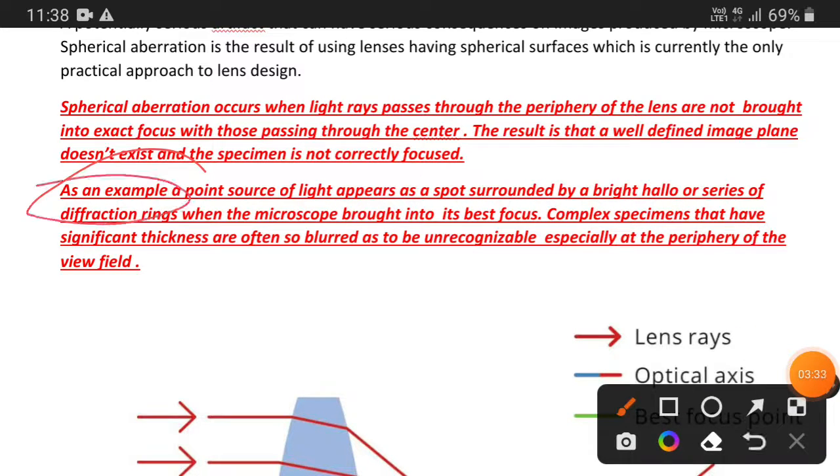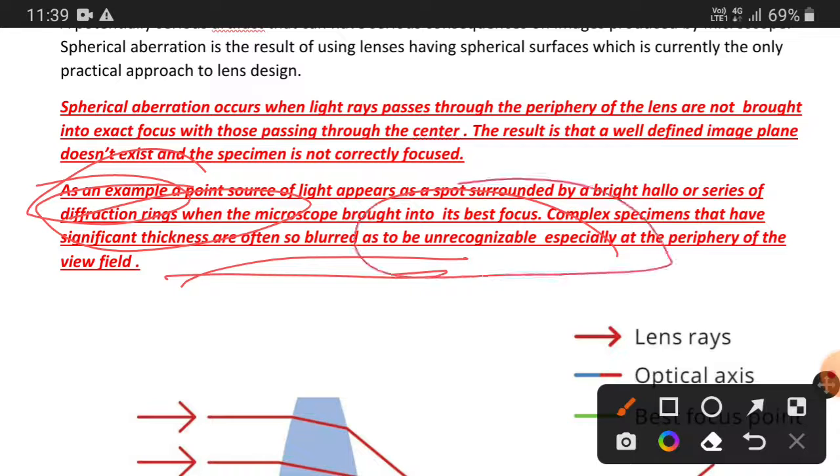So for example, here we have provided an example that due to this spherical aberration, a point source of light appears as a light spot with a bright halo surrounding it, or you can also get diffraction rings when the microscope is brought into its best focus. More specifically, when our specimen has a significant thickness, it gets blurred to such an amount that it becomes very much unrecognizable, especially at the periphery of the view field.